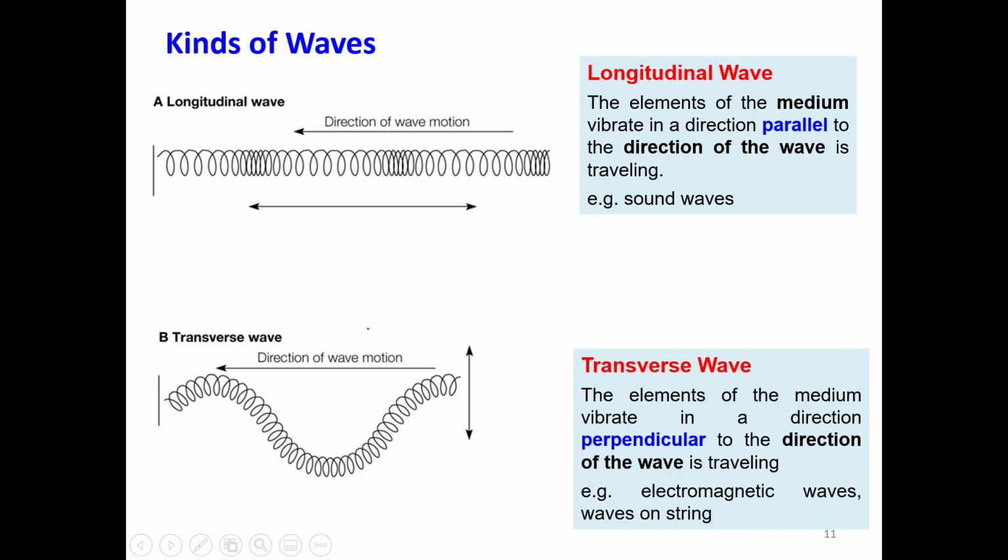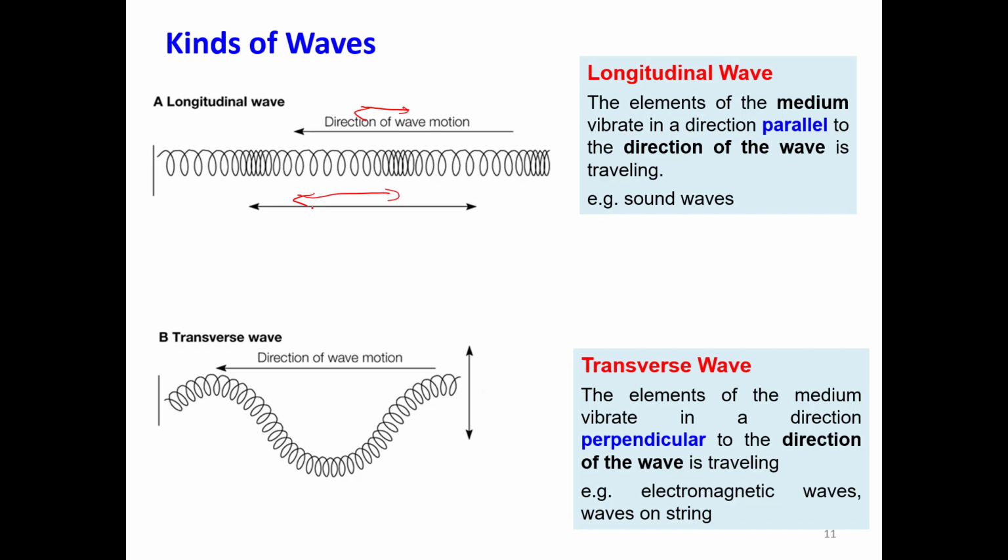In this case, the particles of the medium vibrate in this direction, and the wave also travels in this direction. The wave and the particles of the medium move in the same direction, parallel to each other.